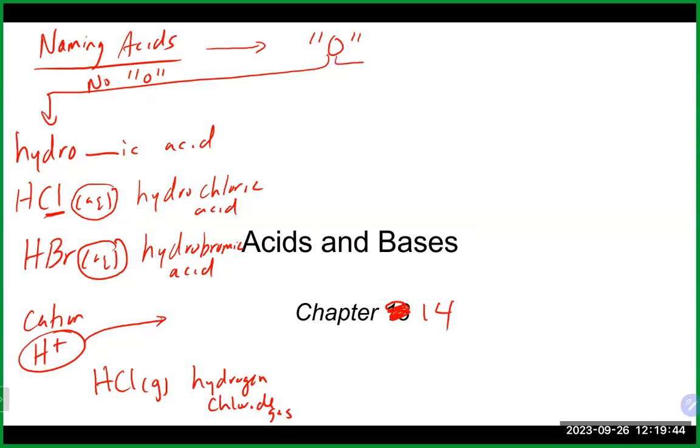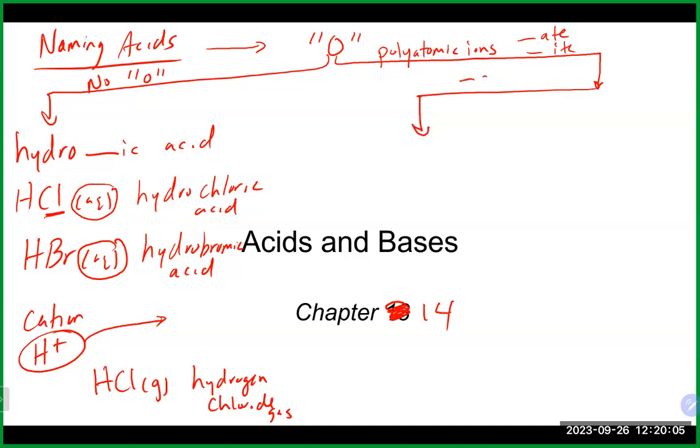Now, if it does have oxygen, it will contain one of those polyatomic ions that everybody loves. And as you remember, those polyatomic ions end in ate or ite. So if your polyatomic ion ends in ate, your acid will be something-ic acid, like HNO3. That is nitrate, which means this is nitric acid.